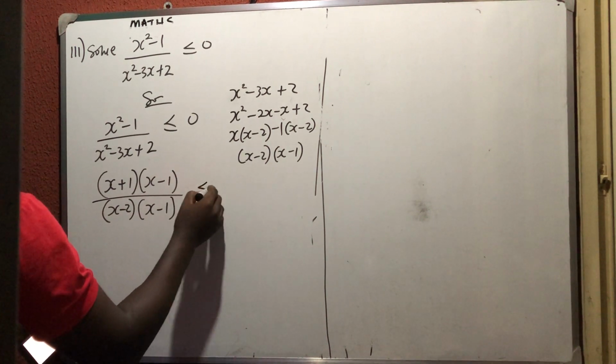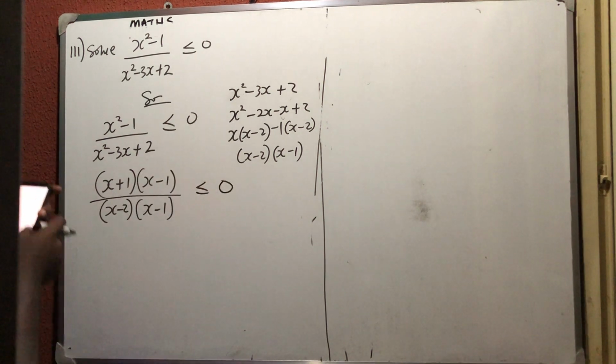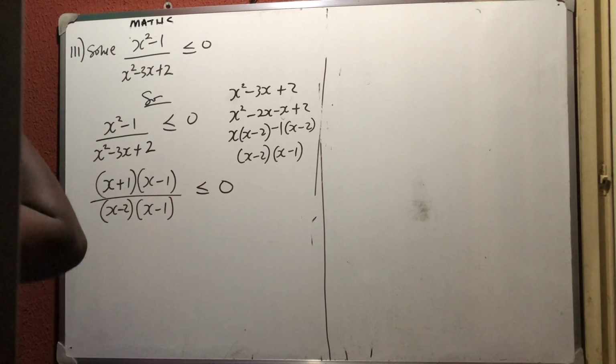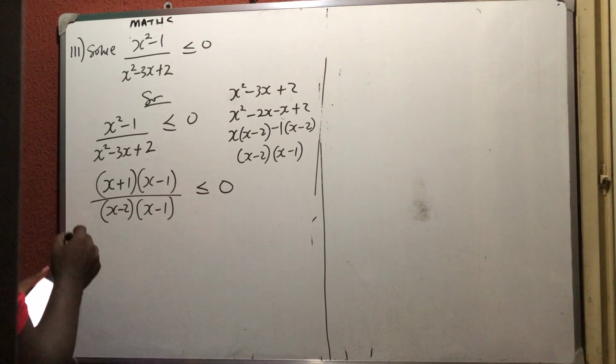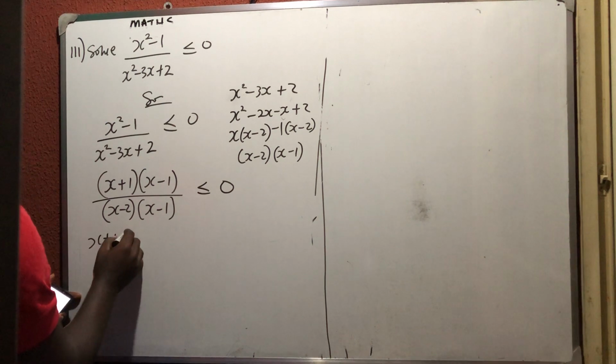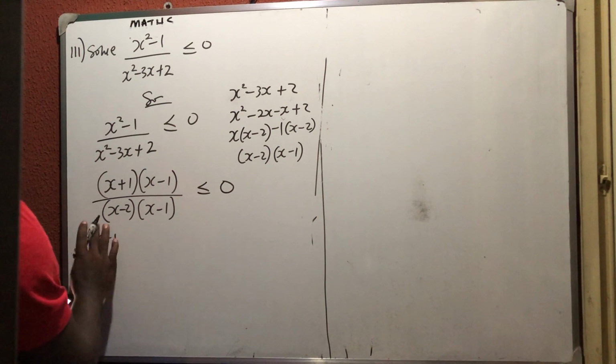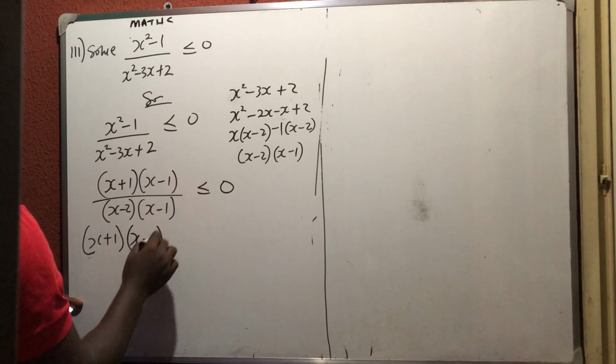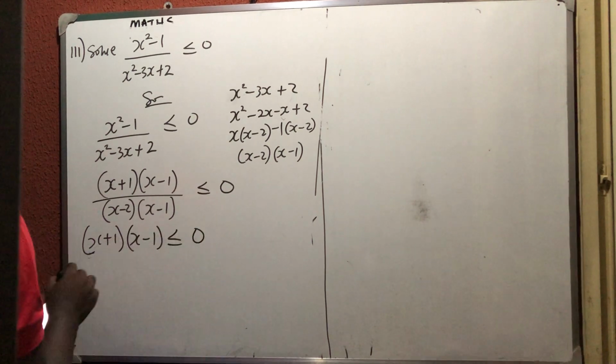So this is less than or equal to 0. If we solve the numerator, we are going to get (x + 1)(x − 1) ≤ 0.